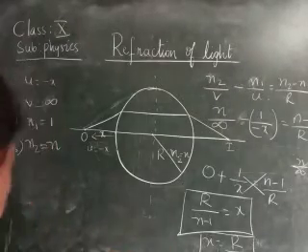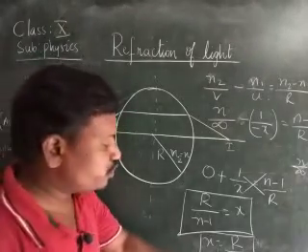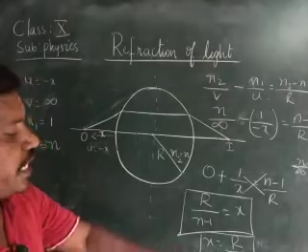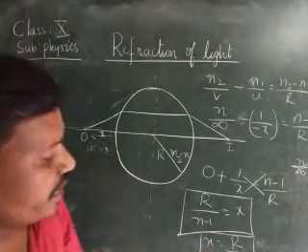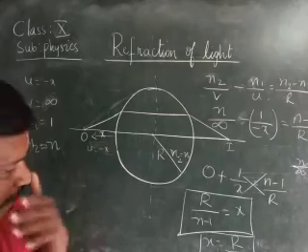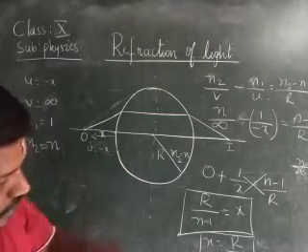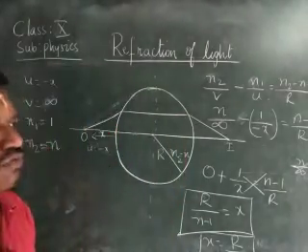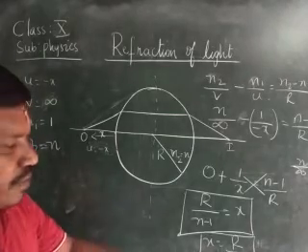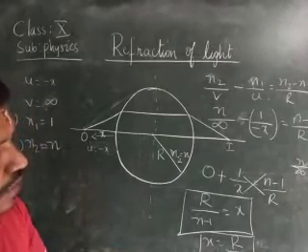Therefore the object distance where the object should be placed is taken as r by n minus 1. That means if we know the radius of curvature of the sphere and the refractive index of the sphere, then we can find it. In the numericals we'll be getting x is equal to r by n minus 1.